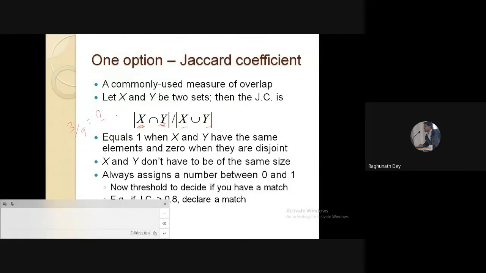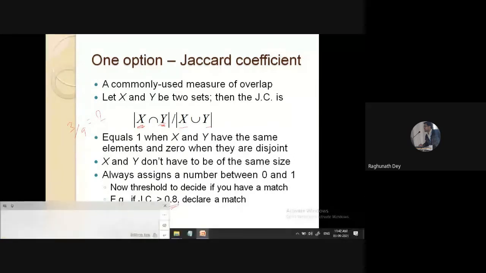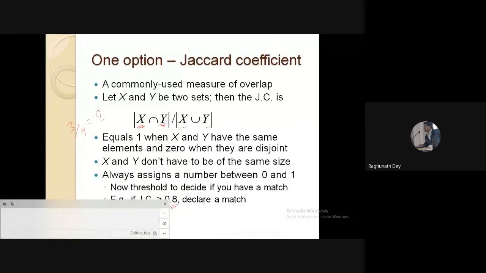So you can set a threshold that whenever you have a Jaccard coefficient value of more than 0.8, at that time you should consider that the term may be similar to the given query. Otherwise, you can ignore that.